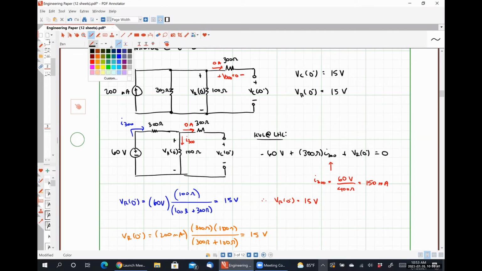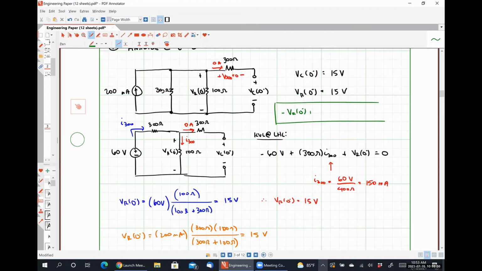So let me sneak one in here in green. Right here. I think that'll give me enough room. So we could say that negative VR at 0 minus plus 300 ohms times the current flowing through that 300 ohm resistor, which is 0 amps, plus VC at 0 minus is equal to 0, which would tell us that VC at 0 minus is exactly equal to VR at 0 minus.